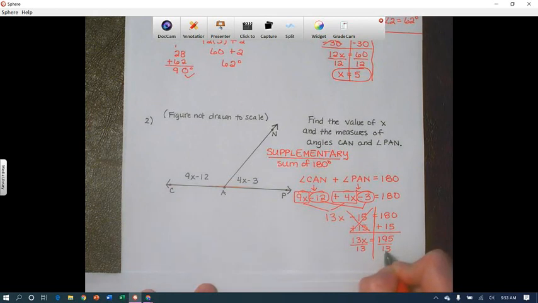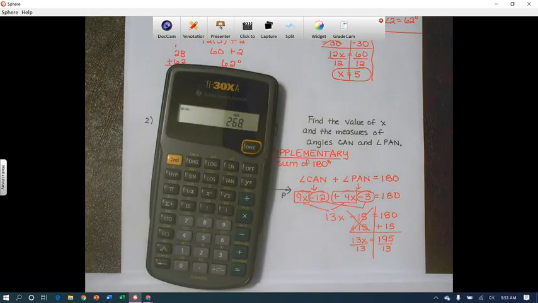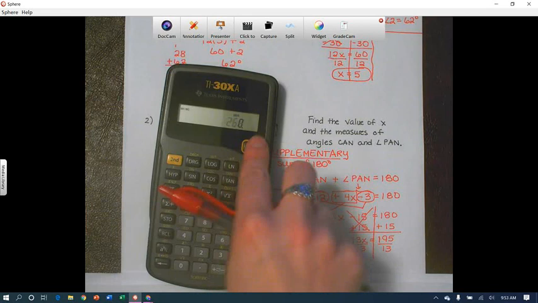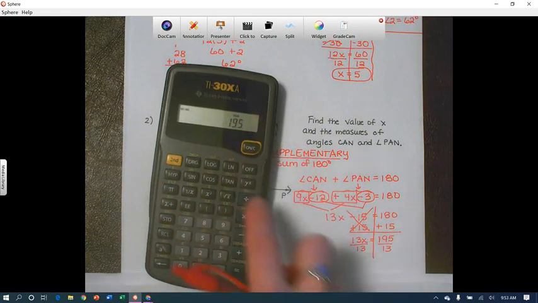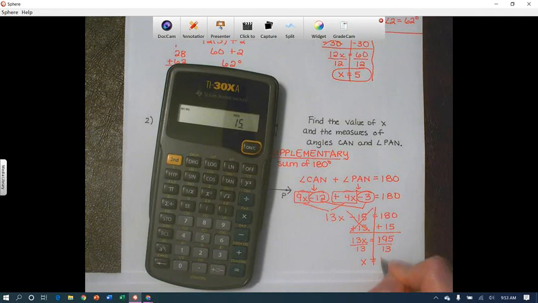You can use a calculator for this standard. I don't know what 195 divided by 13 is off the top of my head, so I'm going to do that on the calculator. And I get that x is equal to 15.